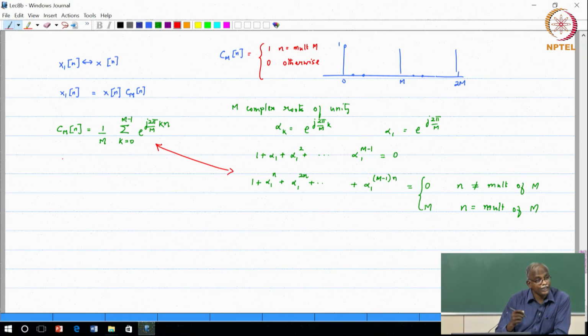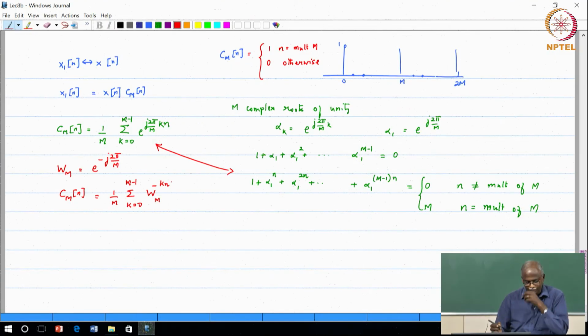Now, when you study DFT, you would have been introduced to the following notation: W subscript m, that is e power minus j 2 pi over m. It's a very useful notation. So the comb sequence can be written in terms of the DFT coefficient W in the following form. It's equal to 1 over m, summation k equal to 0 to m minus 1, W subscript m to the power minus kn.